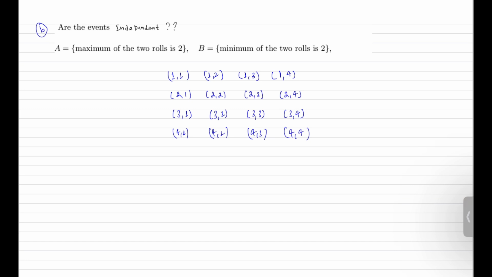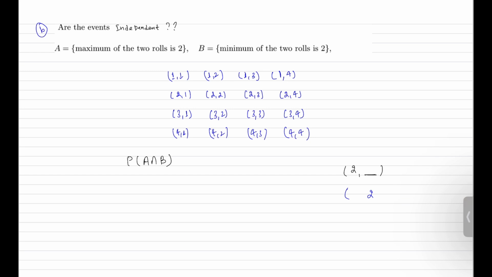So first of all, let's look at the probability of the occurrence of these two events A and B together. Event A is the maximum of the two rolls is 2. That means if I consider one of the rolls as 2, then here we cannot have a value greater than 2.